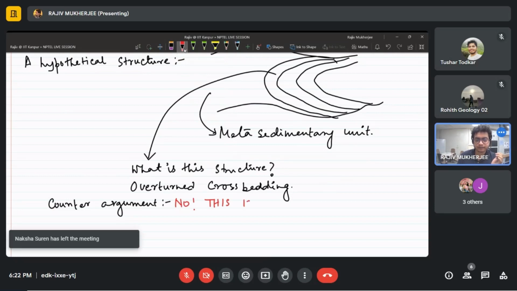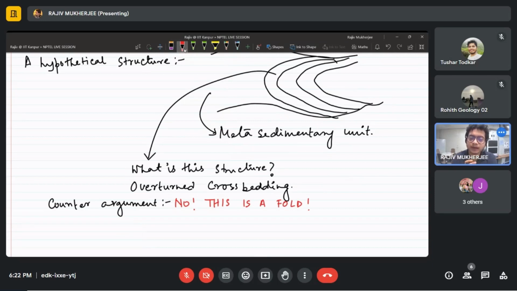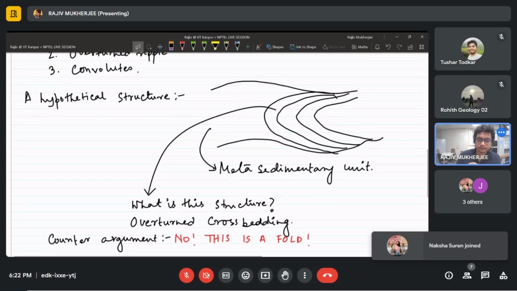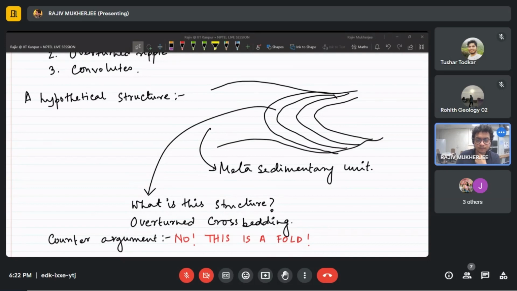This is a fold, right? What should be the answer? What do you think? Any guess?